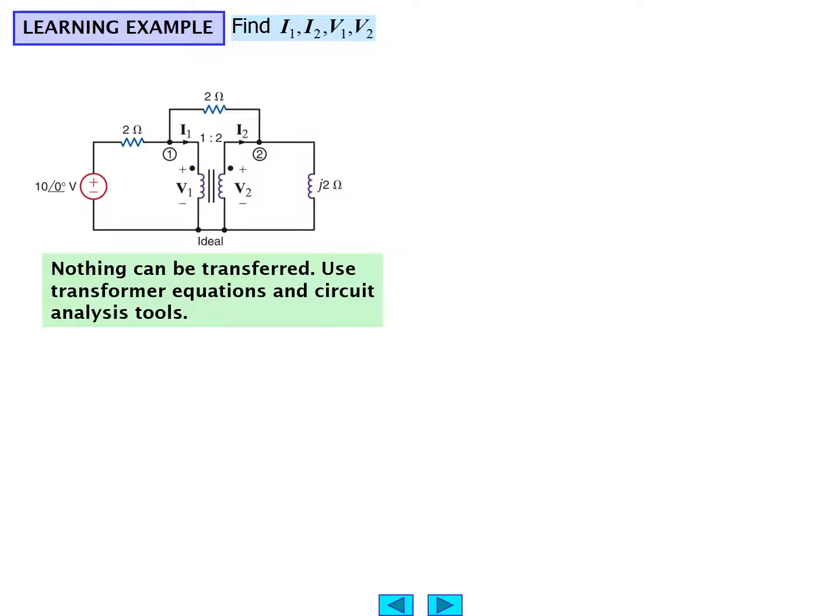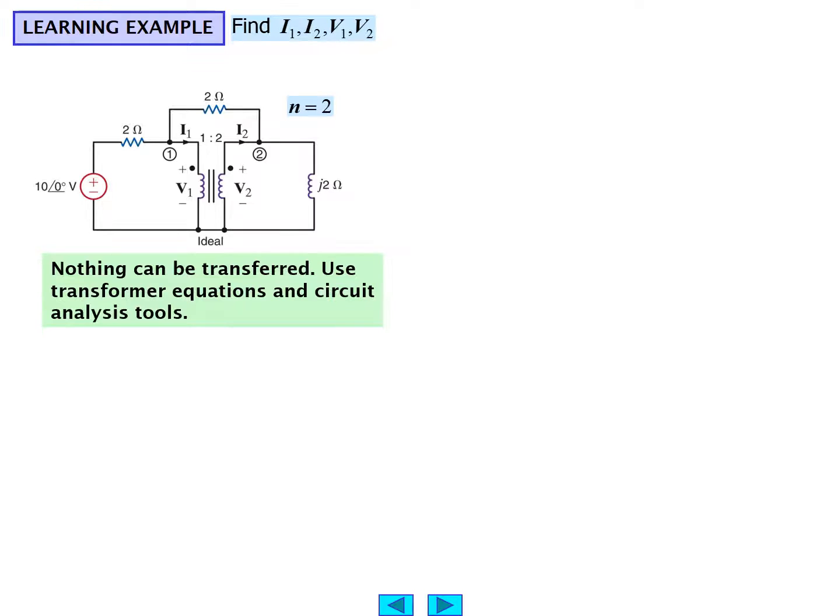We don't have this as one of our models. That short across terminals 1 and 2 means that we don't really have this as one of our transformer equivalent circuits. So we're going to use the transformer equations and other circuit analysis tools. In electrotechnology, we often get problems that appear different, and this is certainly different from what we've been doing.